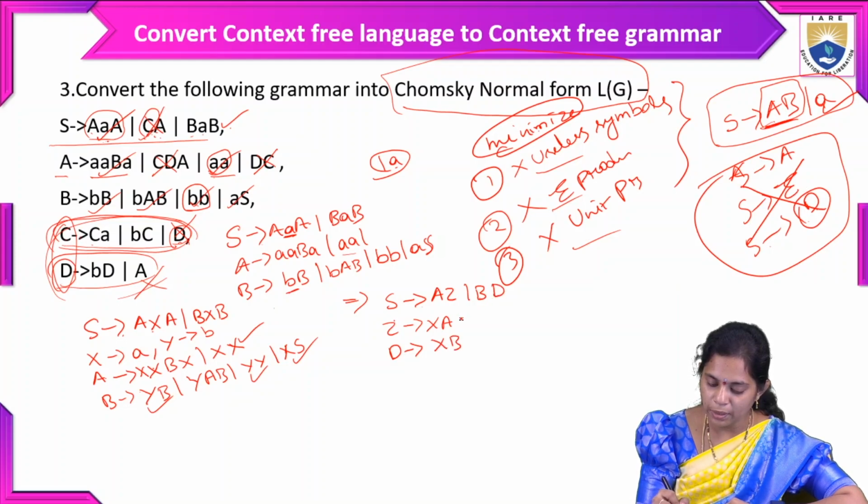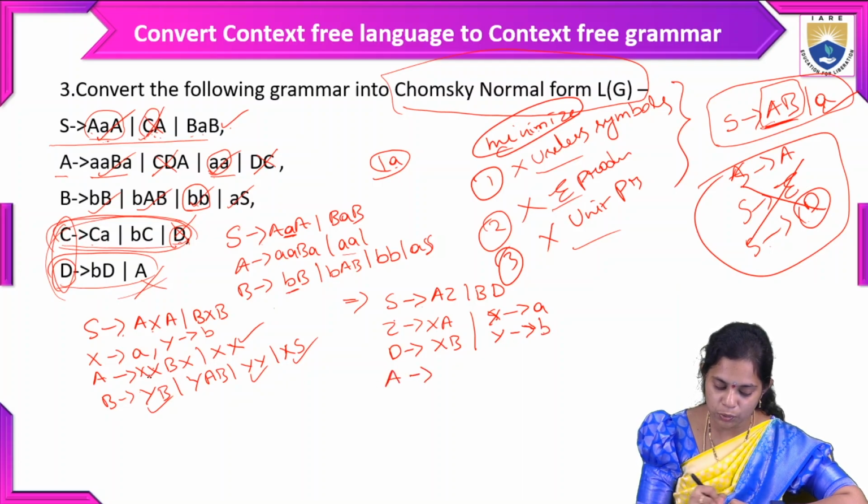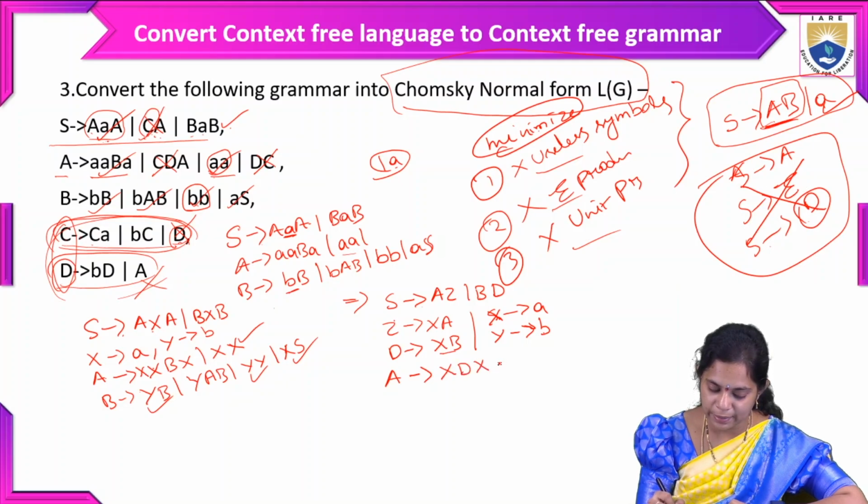And here also we have X tends to A and Y tends to B. And here I need to write A tends to XB, and XB is the D value. So X, D, X. And XX we need not change. And B also needs no change.